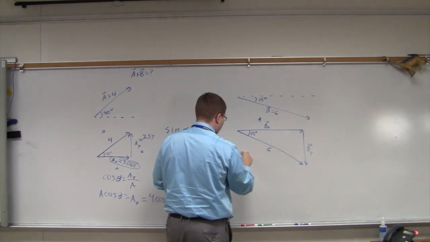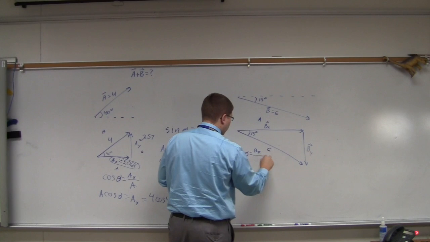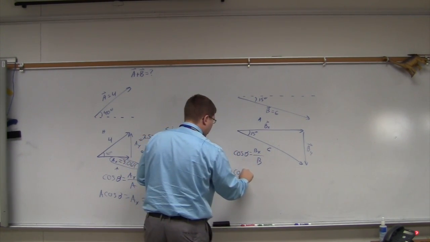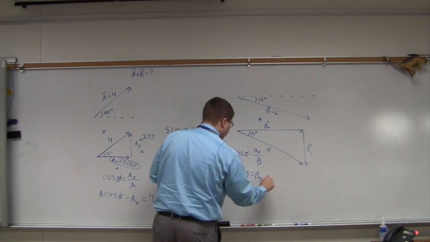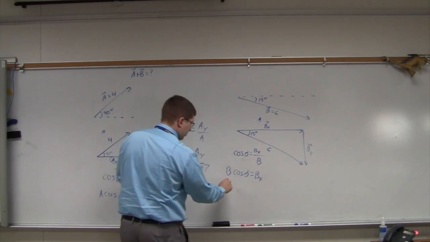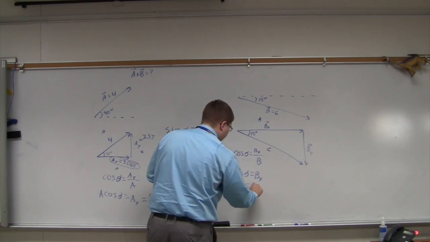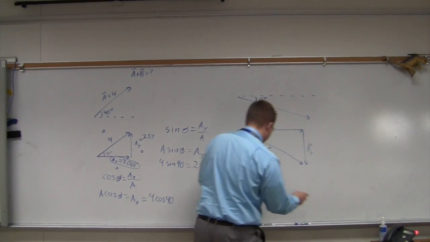Cosine of theta equals BX over B, so B cosine theta equals BX. Plugging in numbers, we get 6 cosine of 15, and when you do that math, you should get 5.79.